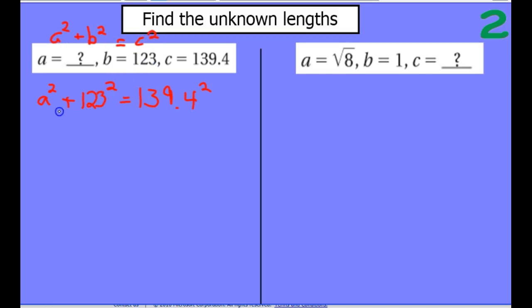So what we need to do then is figure out what 123 squared is. So we have a squared plus 123 squared, so 123 times 123 is 15,129.